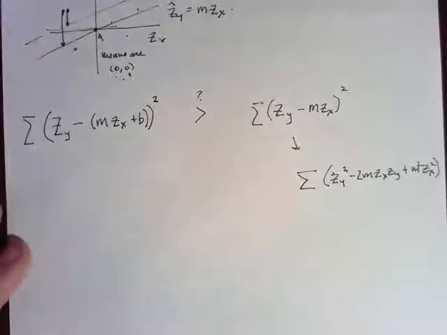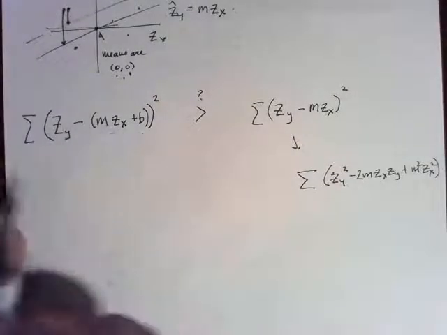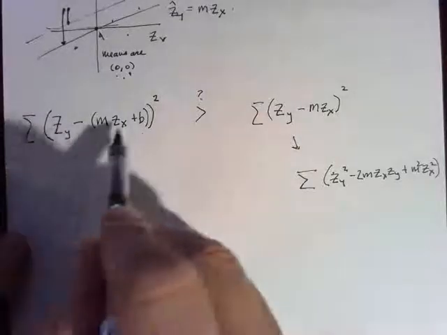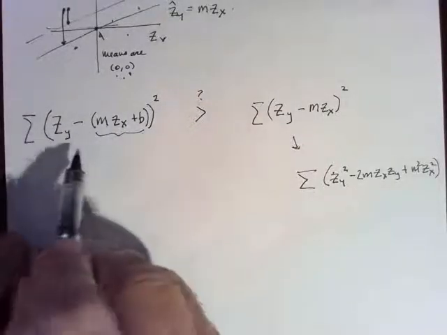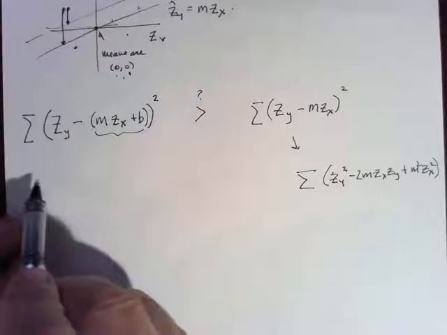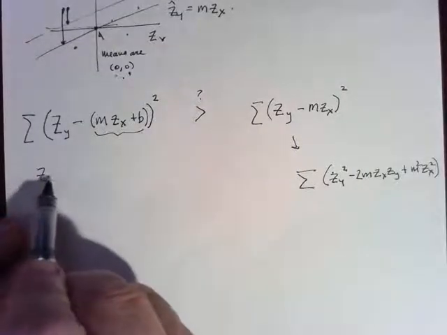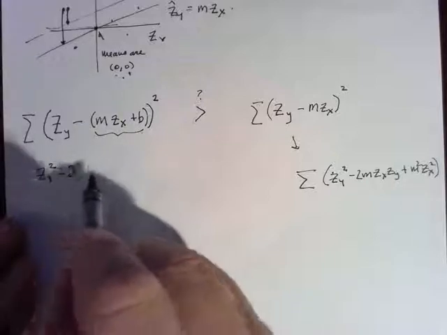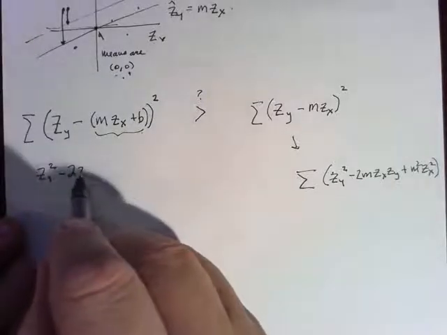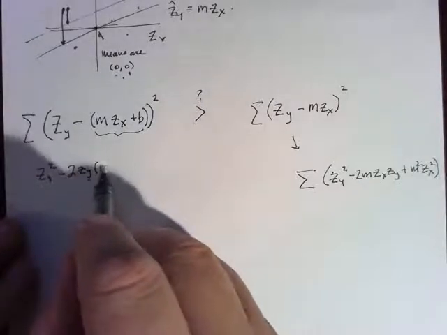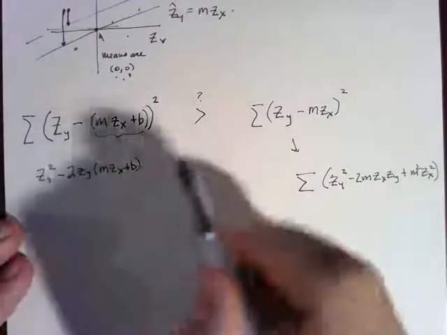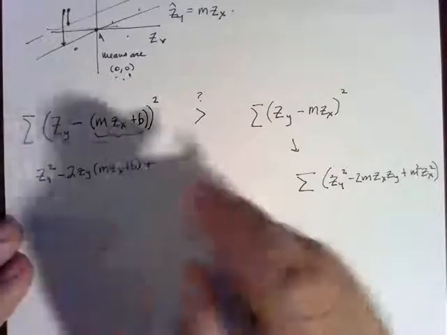We want to show this. Here I'm going to take 2 steps. So first I'm going to treat this as a single term. So if I square this, I'm going to get zy squared minus 2 zy times mzx plus b, and then I'm going to have this squared.